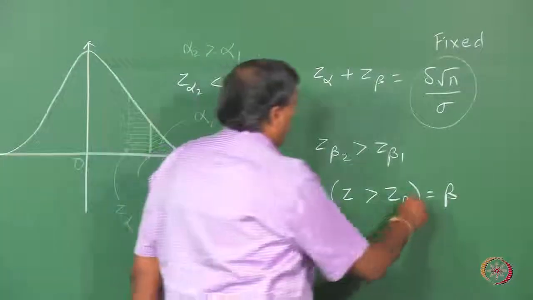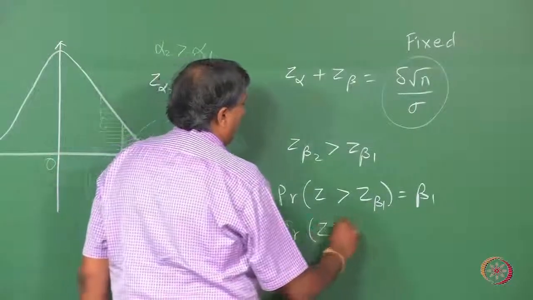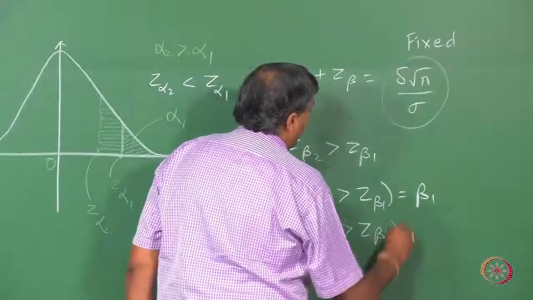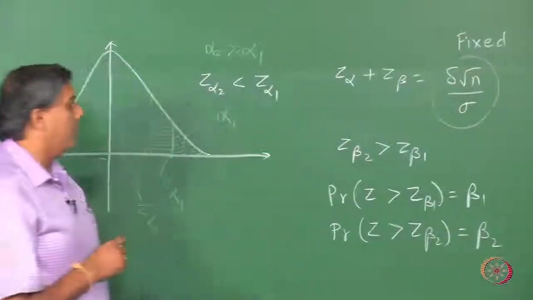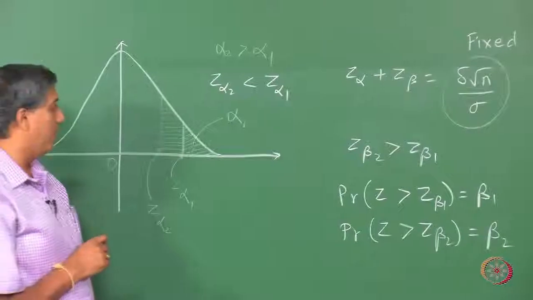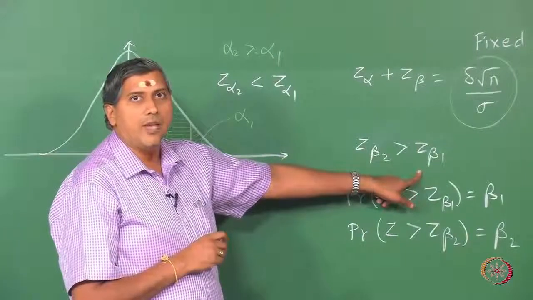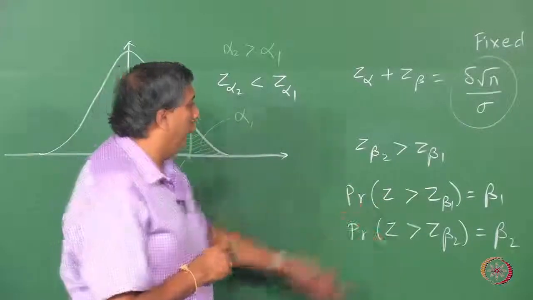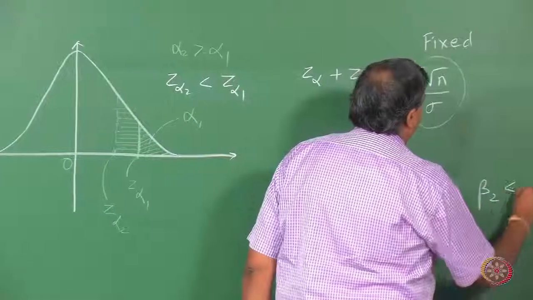If I plug in Z beta 1 here, I get beta 1, and likewise with Z beta 2 I get beta 2. So, the question is whether beta 2 is less than or greater than beta 1. We know that Z beta 2 is greater than Z beta 1, and therefore, beta 2 has to be less than beta 1.